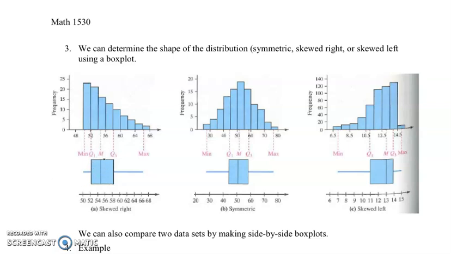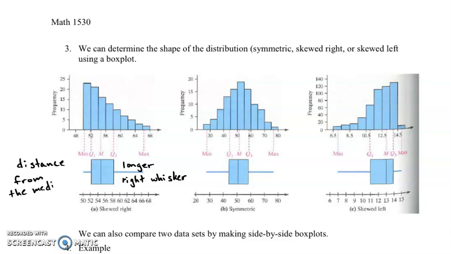So that's a longer right whisker. And also the distance from the median to Q3 is longer than Q1 to the median.